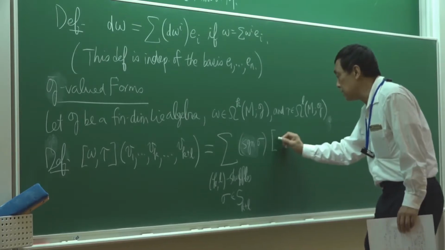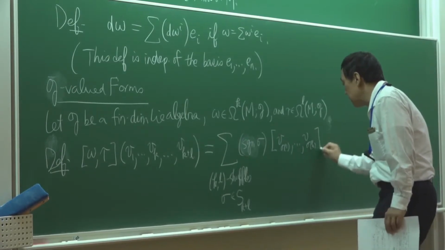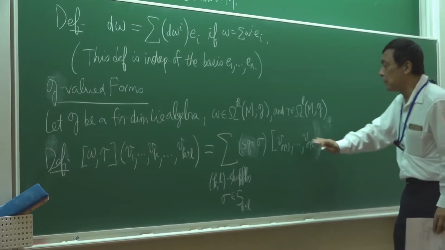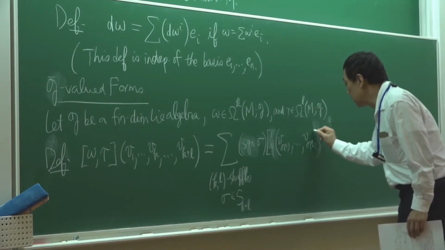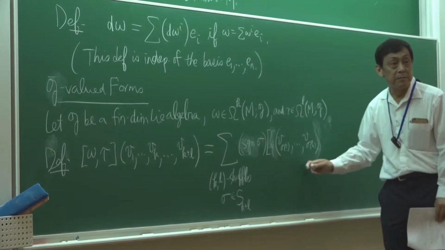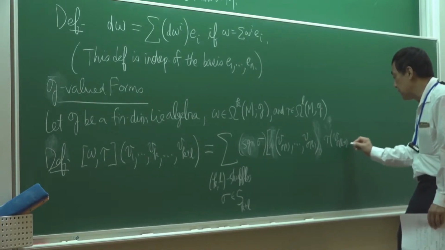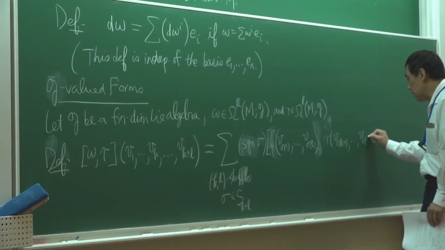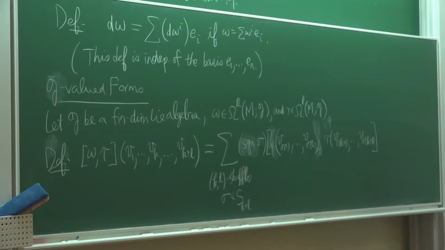We take the bracket of omega of v_sigma(1) to v_sigma(k), which gives you an element of G, with tau of v_sigma(k+1) to v_sigma(k+l).